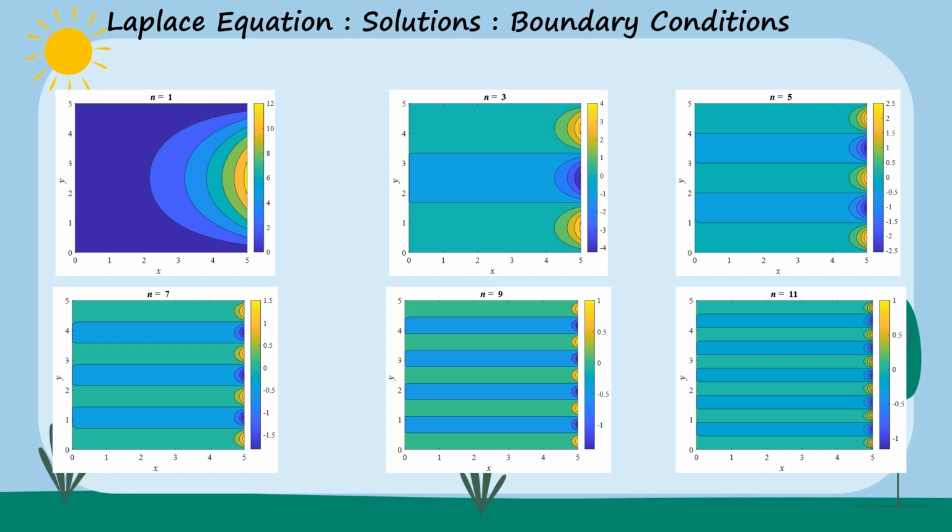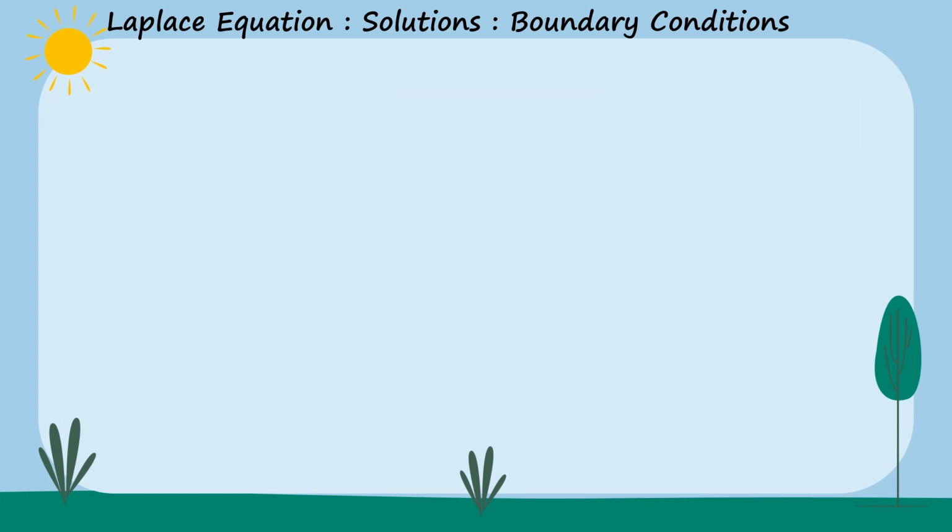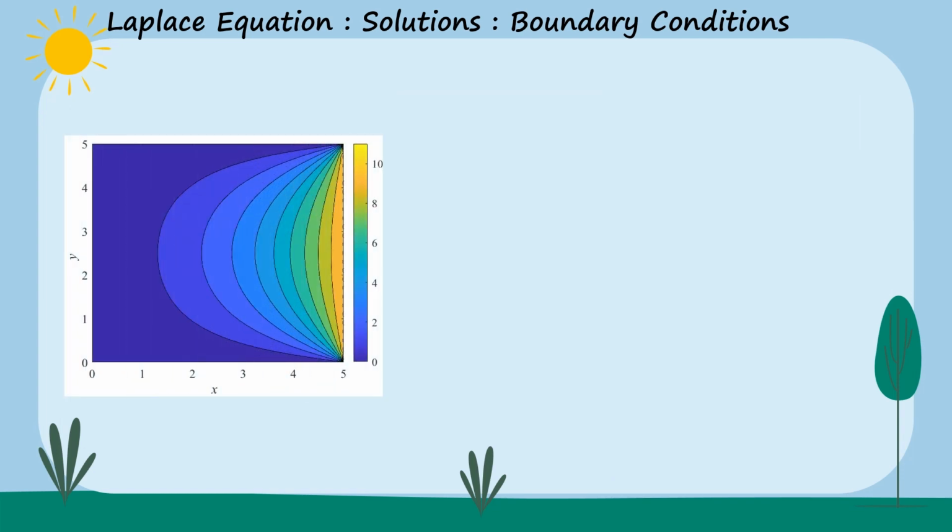Mode 1 only is not the solution. Mode 1 plus mode 2 is not the solution, but mode 1 plus mode 2 plus mode 3 up to mode 100 or 200 will give you the solution, and that's the normal mode theory. If we add all those solutions, we get our final solution.